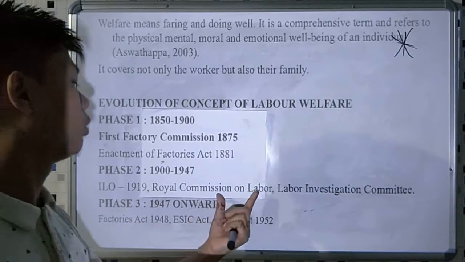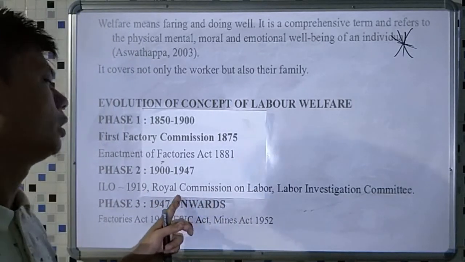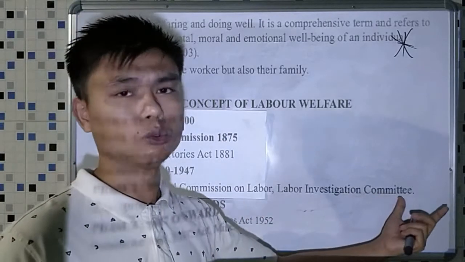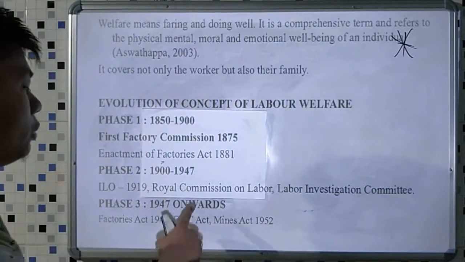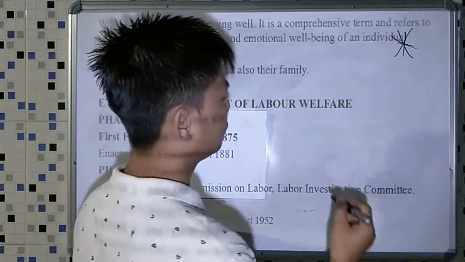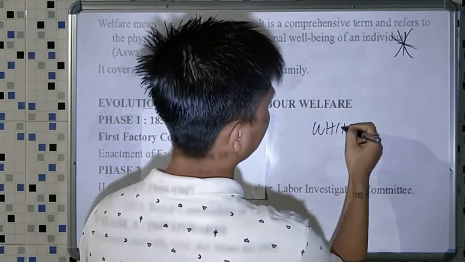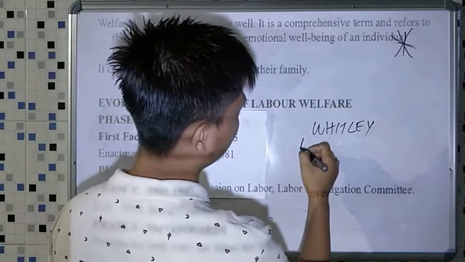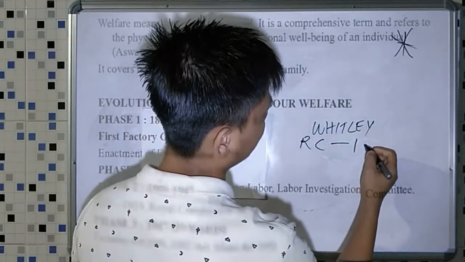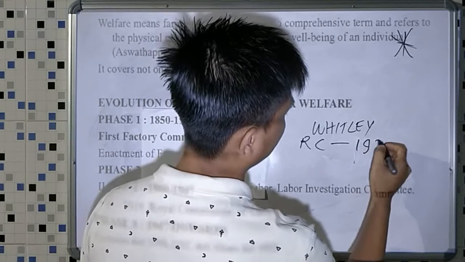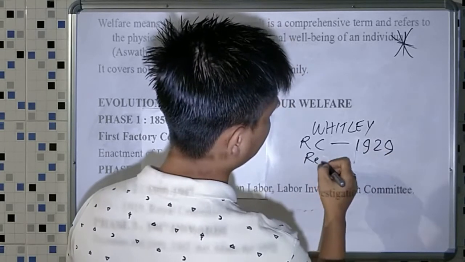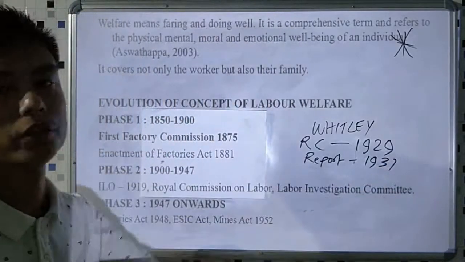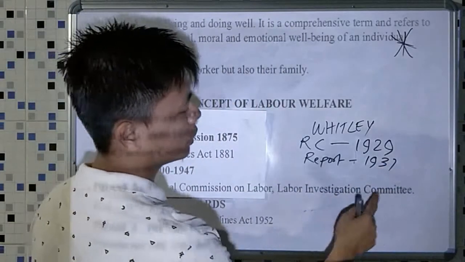Then came the Royal Commission on Labour. I have talked a bit about it, but the Royal Commission on Labour and the Labour Investigation Committee, these two are very important. And this Royal Commission is sometimes known as Whitley. It was formed in 1929, and it submitted its report in 1931. Same case with the Labour Investigation Committee, known as Rege.